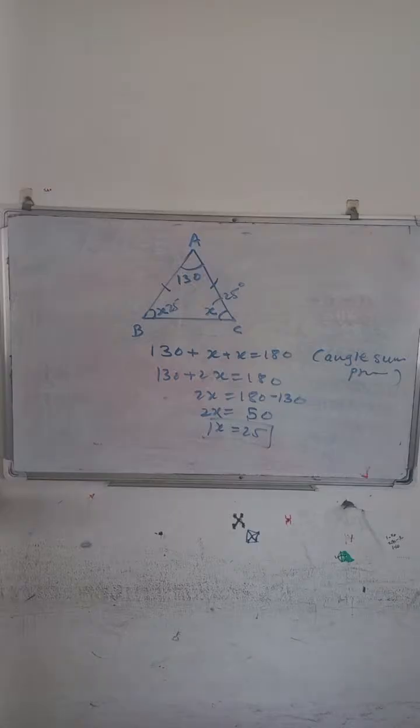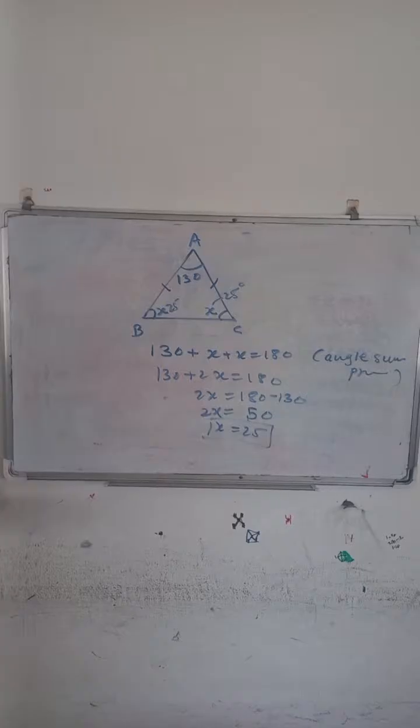We use the isosceles theorem concept as well as the triangle angle sum property, and we find the unknown angles. If we add the unknown angles with the given value, then we will get the total of the triangle. Write down the next question.